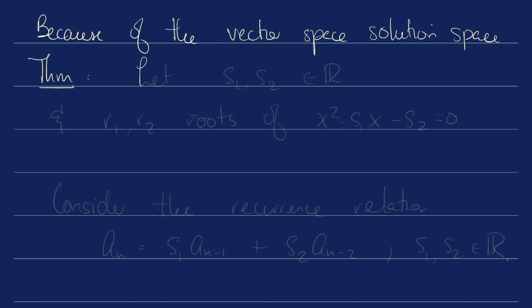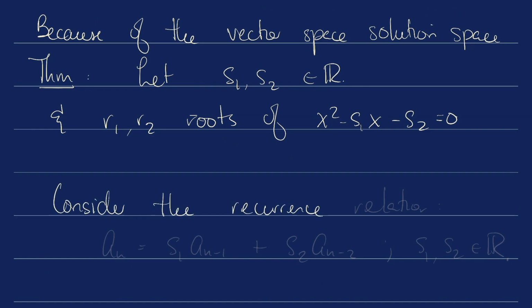Theorem. Suppose S1 and S2 are real numbers and R1 and R2 are roots of the quadratic equation x^2 - S1 x - S2 = 0. If we take a look at the recurrence relation a_n = S1 a_{n-1} + S2 a_{n-2}, where S1 and S2 of course are real numbers, then we know something about the form of the solutions.